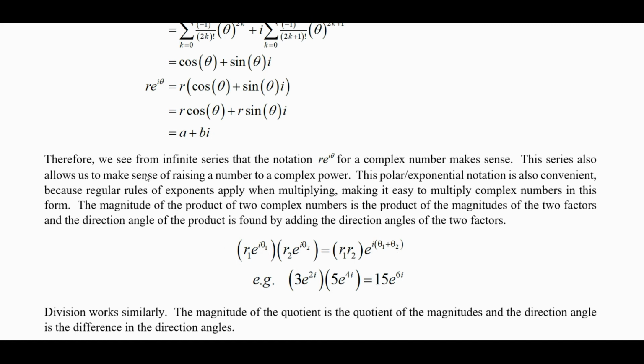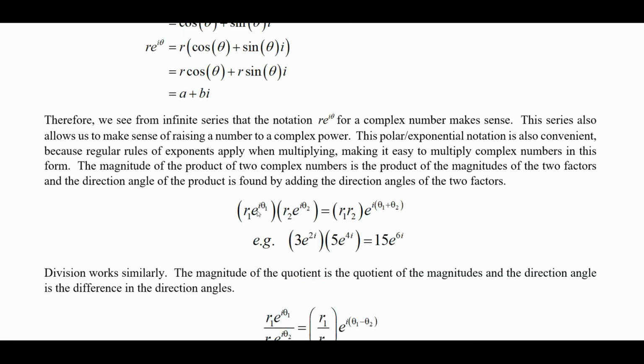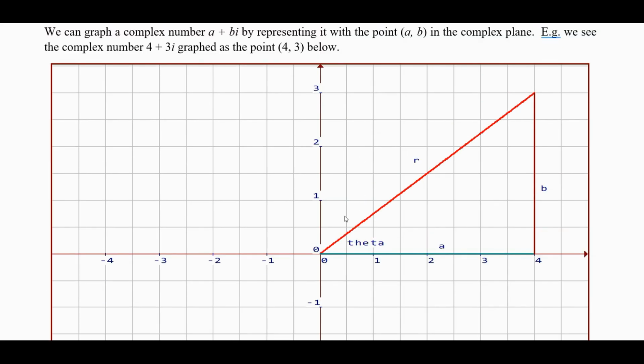So for example, if we have two complex numbers in this r e to the i theta form, remember what these things mean. The r is this radius here, and theta is the angle that we rotate from the positive part of the real axis, the positive part of the x-axis there.